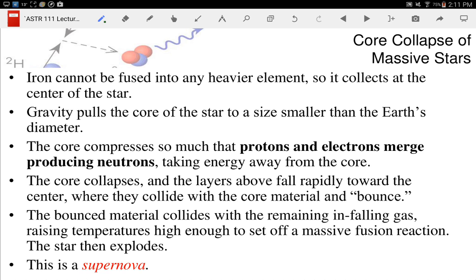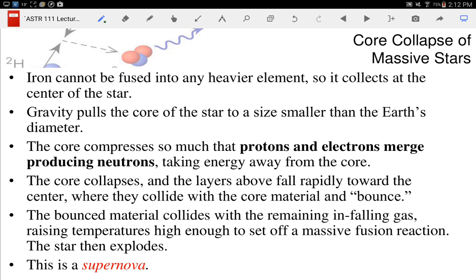It collapses rapidly, and you have just massive nucleosynthesis producing all kinds of things that are higher than iron, at the same time absorbing all that energy to quench the process. So everything that's larger than iron is only produced during the final type 2 supernova when the star is collapsing.